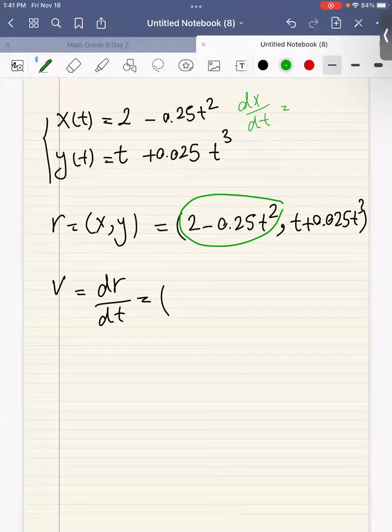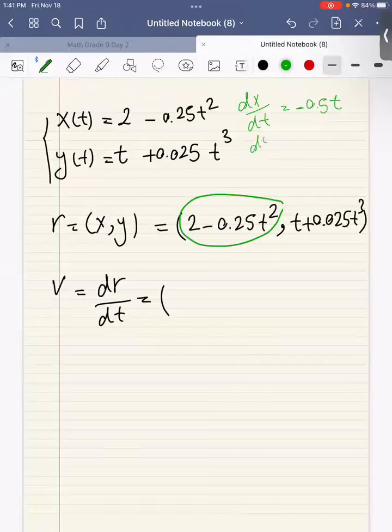In general, if you have t to the power n, its derivative is n times t to the power n minus 1. So the derivative of t squared is 2t. You multiply 2 by 0.25, you get minus 0.5 t.